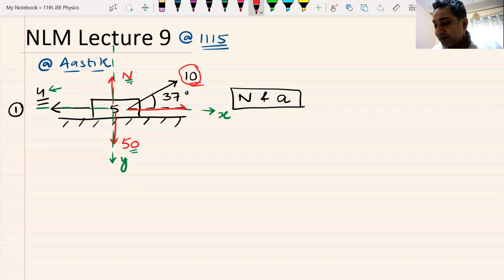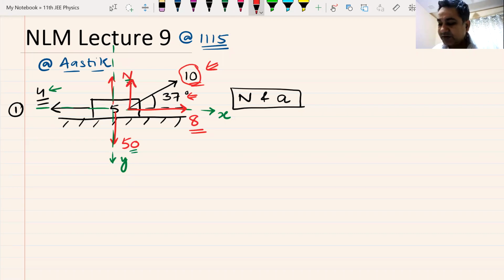The two components. This is 10, this is 37. So the horizontal side becomes 10 cos 37. Cos 37 is 4 by 5. So this becomes 8 Newton, 10 into 4 by 5.